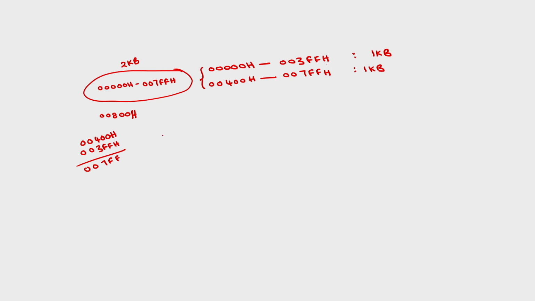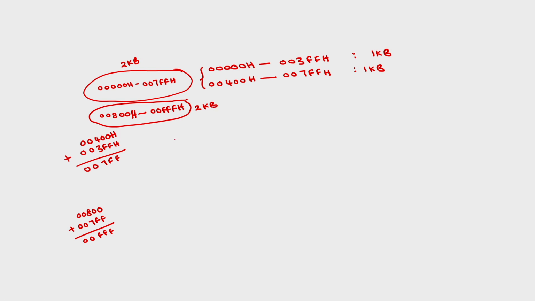You have to add 7FF. So 00800 plus 007FF will be 00FFF. So this 00800 to 00FFF will be another 2K. If I start with 00800H, this is another 2K.